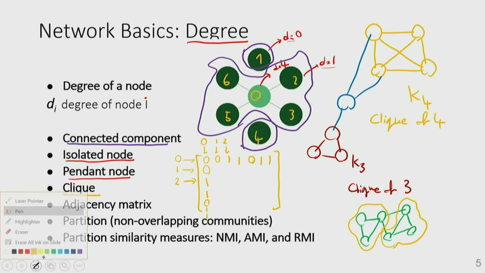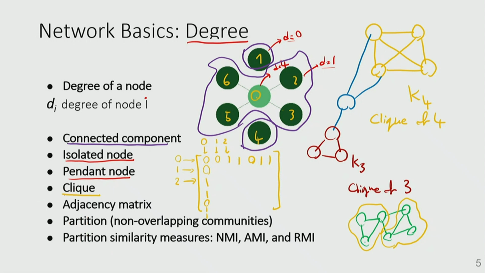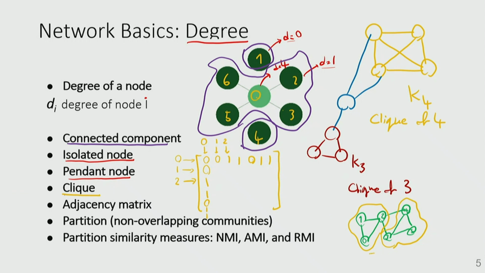If the nodes are enumerated like this, node 0, node 1, node 2, 3, 4, and 5, the partition that I just created in yellow can be shown as a list of lists. 0, 1, and 2 are together. 3, 4, and 5 are together.